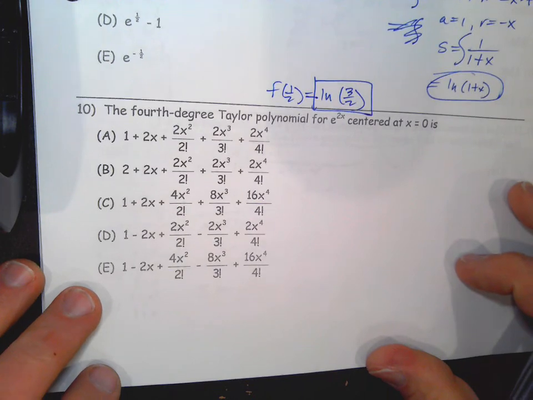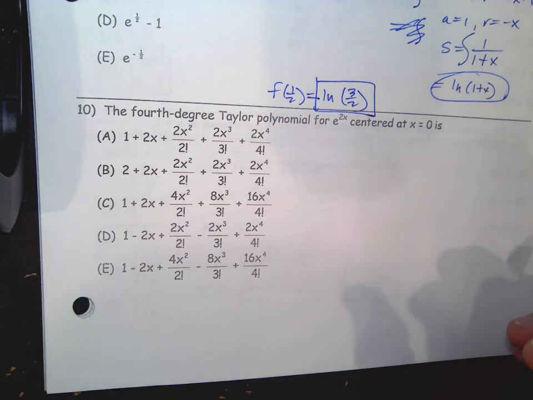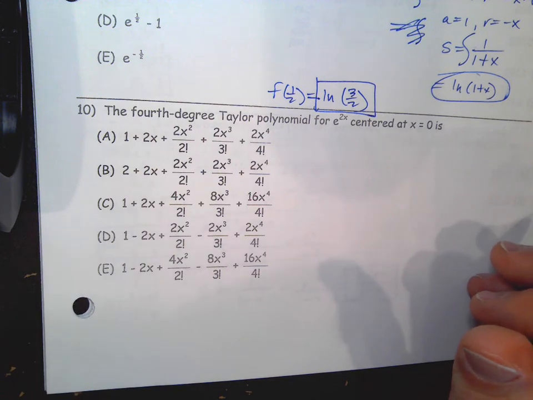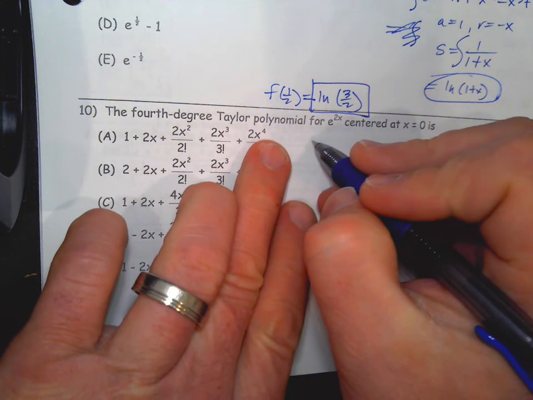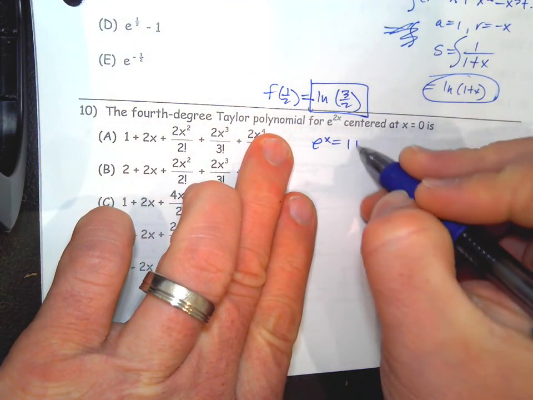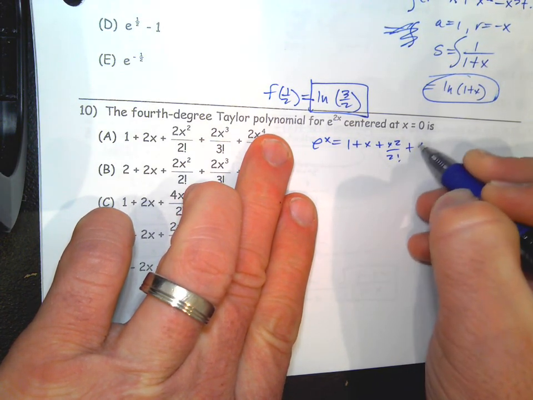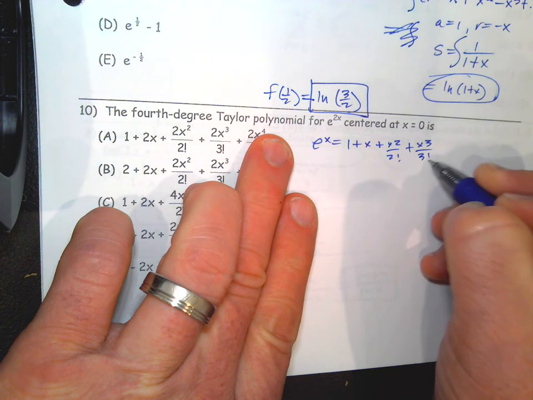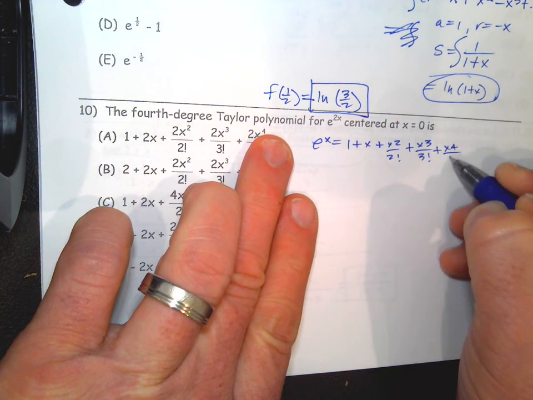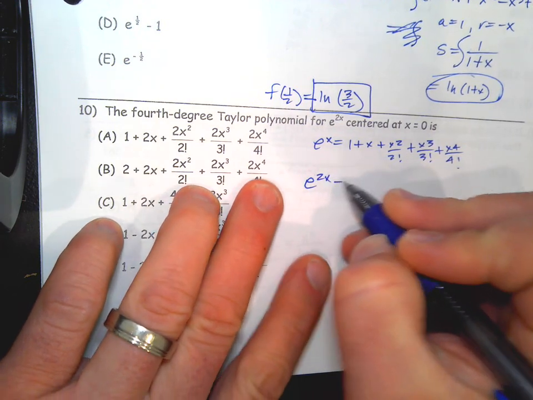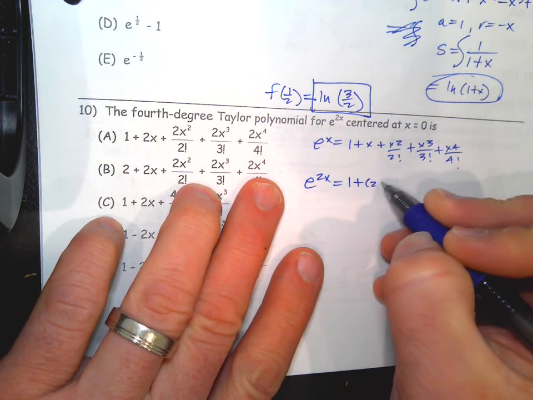Okay, number 10, the fourth degree Taylor polynomial for e to the 2x centered at x equals 0 is what? Now, I want to do the shortcut here. I want to say, well, I know e to the x is this. I've memorized this pattern. It's a pretty simple pattern, right? So then if we put e to the 2x, that means we're just going to replace every x with the 2x.